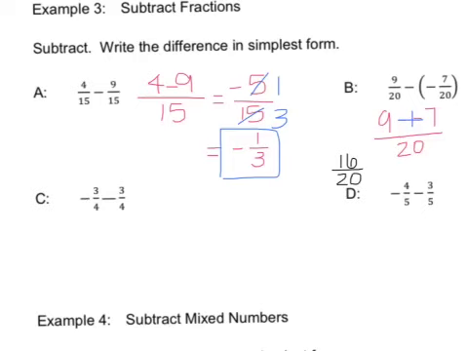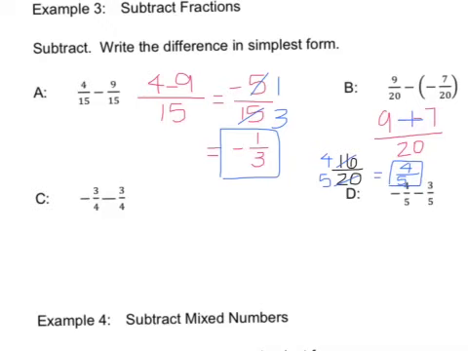Do some reducing. 16 and 20 can both be divided by 4. So this becomes a 4, and that becomes a 5. So our answer is 4/5. And that's it. Okay, go ahead and pause and try C and D. When you've finished, come back and see how you did.